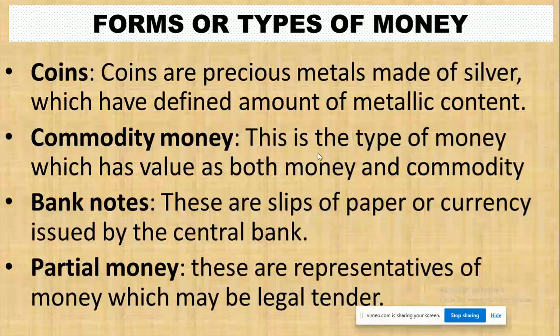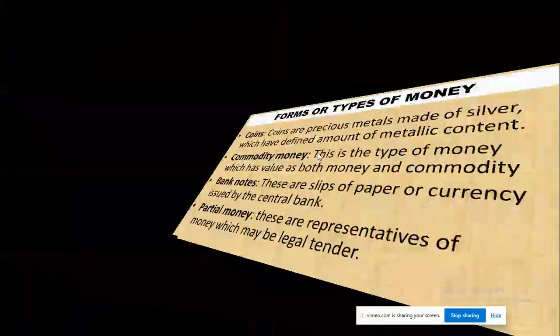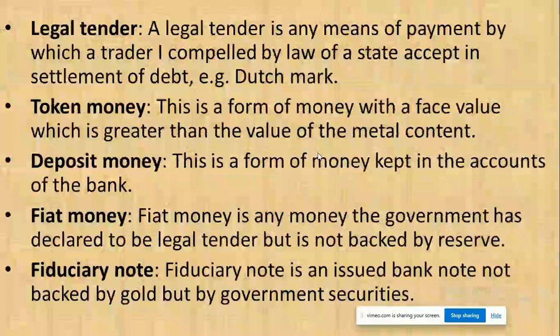Now let's talk about types or forms of money, where we have coins, we have commodity money, we have banknotes, we have partial money, legal tender, as you can see on your screen. We have token money, we have deposit money.